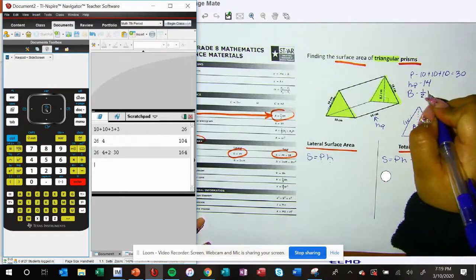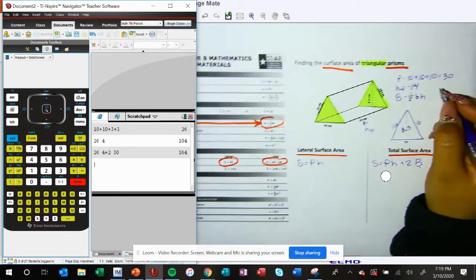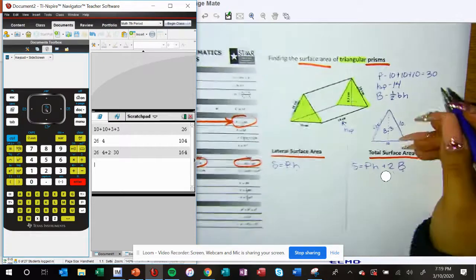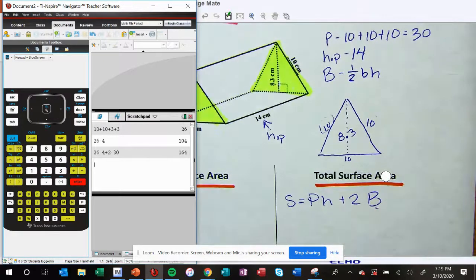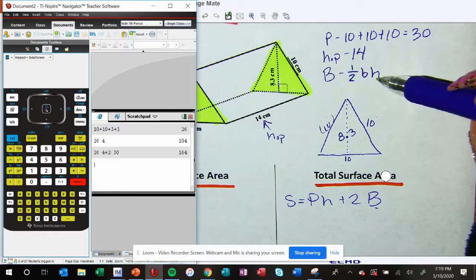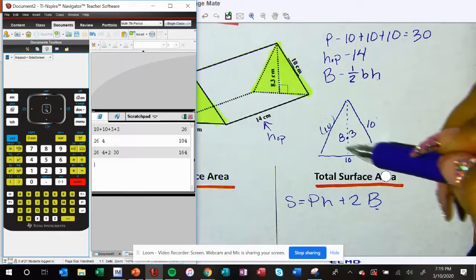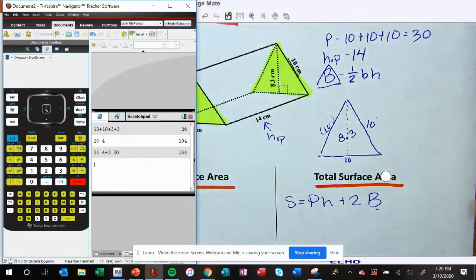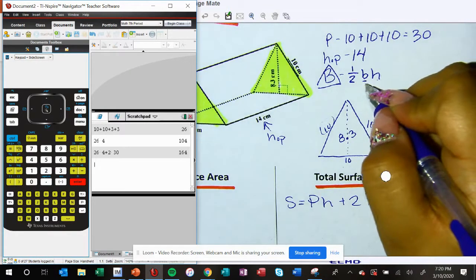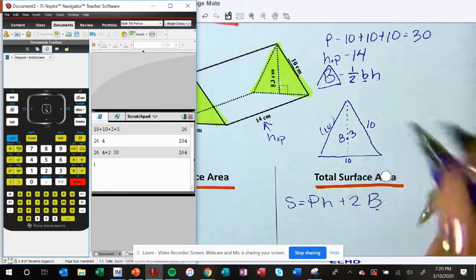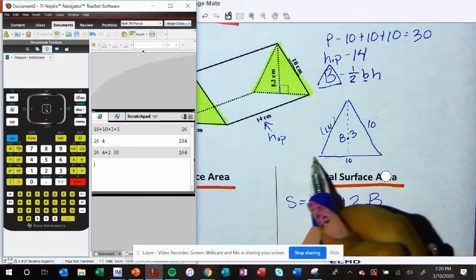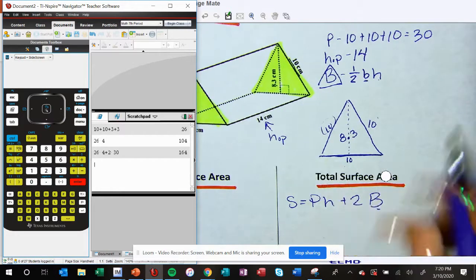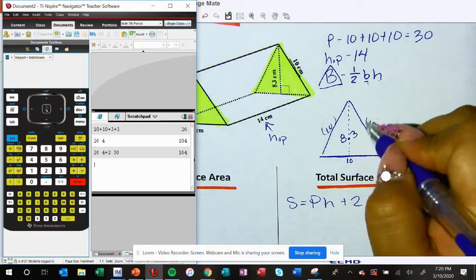So I'm going to rewrite that. 1/2 bh. Now, these two letters here, this letter b and this letter h, are only going to come from what I drew out. Okay? So you're only going to be looking at the triangle that you drew out here. Now, my b, that is the bottom or the base of my triangle. And the base of my triangle is here. So that is going to be 10.